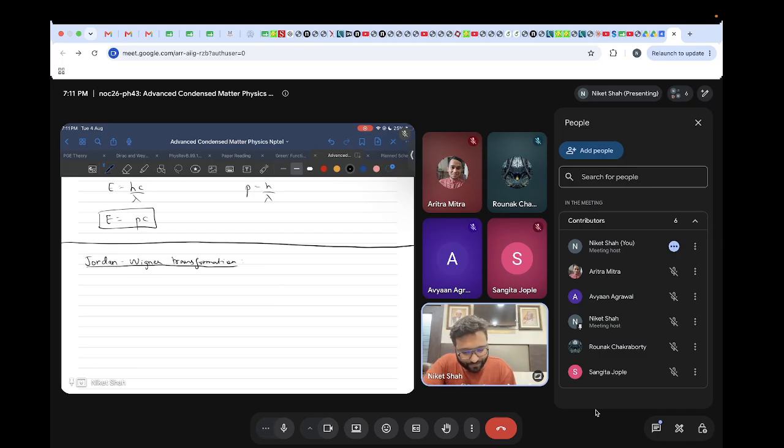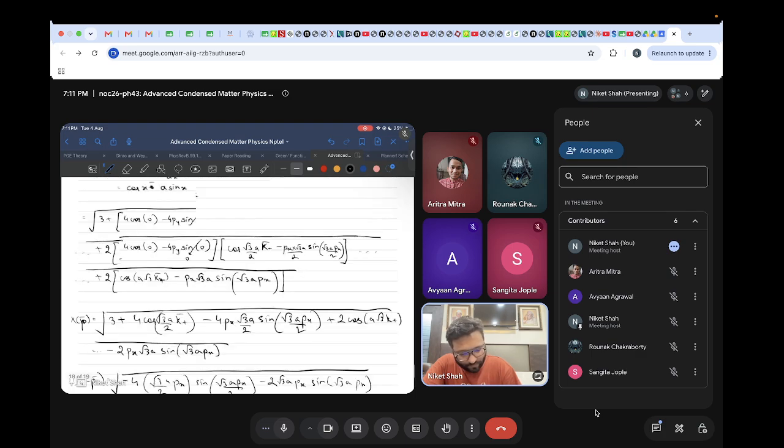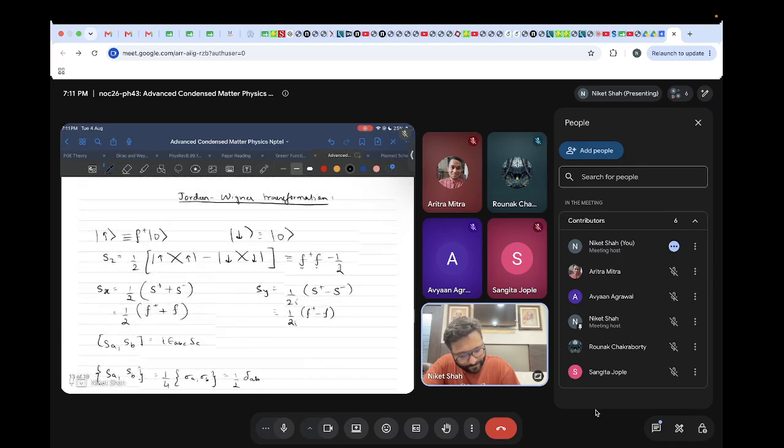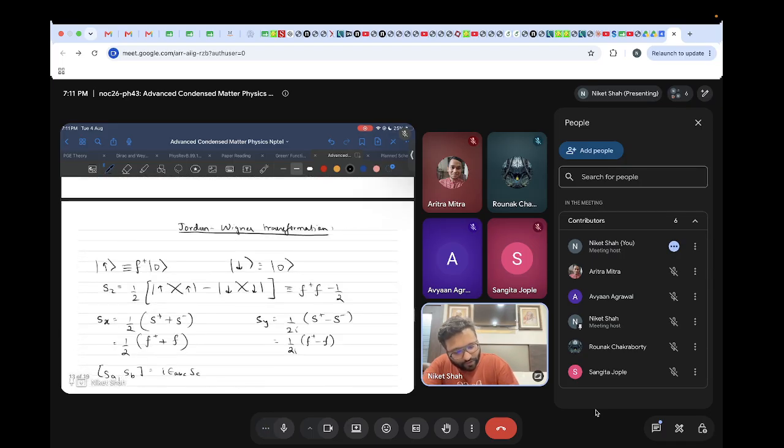Firstly, for a single spin, if you don't have a spin chain, but you just have only one spin, you can directly say that an up spin behaves like a filled particle and a down spin behaves like a vacuum or no particle.